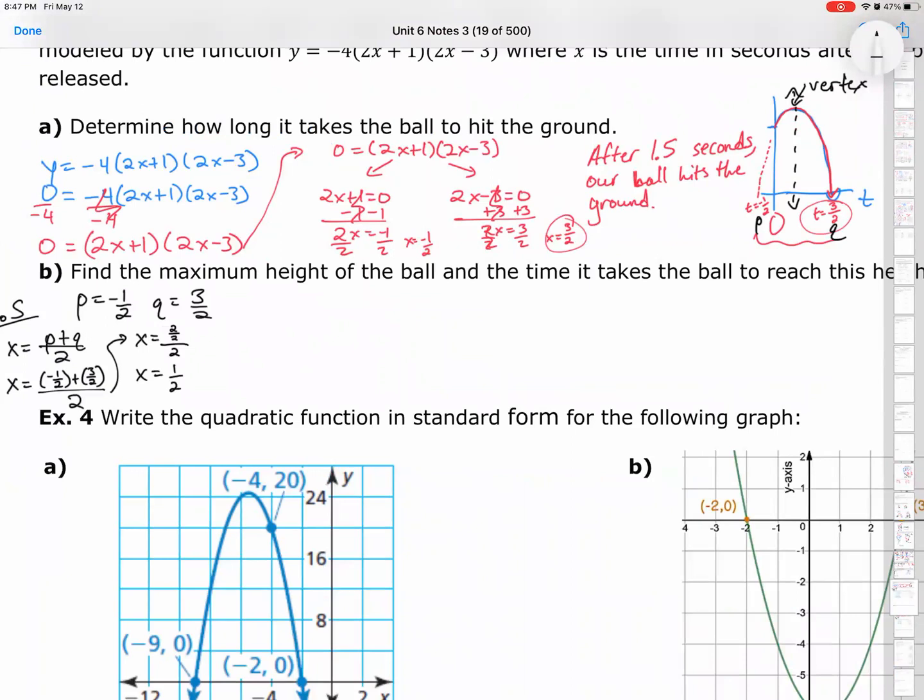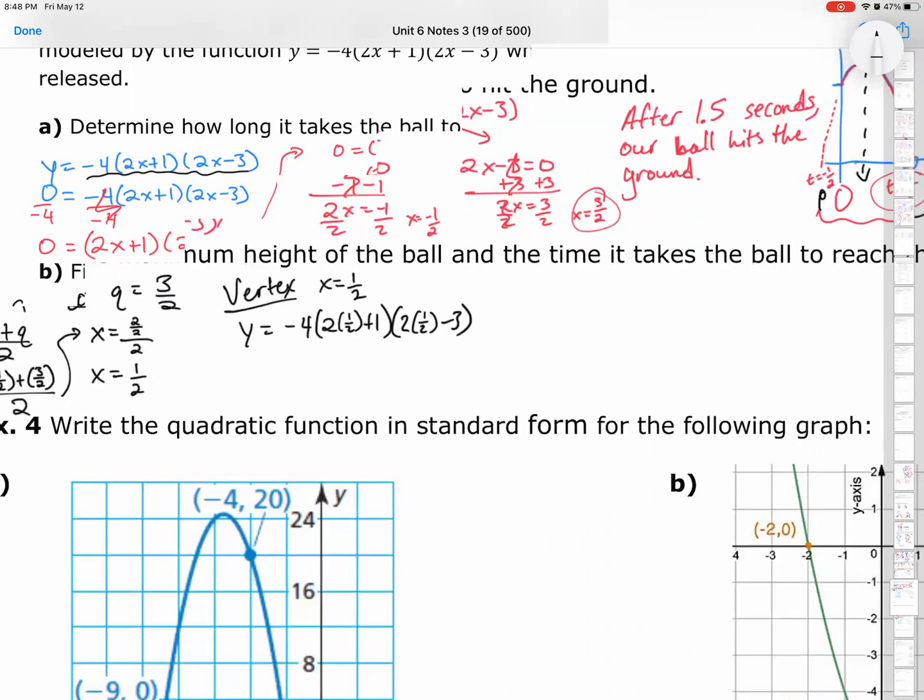And now we have to find the vertex, though. So we know the x value. Let's go ahead and find the y. So we'll simply just go ahead and plug this into our original function. Y equals -4 times 2 times 1/2 plus 1 times 2 times 1/2 minus 3. And then essentially we just kind of clean this up.